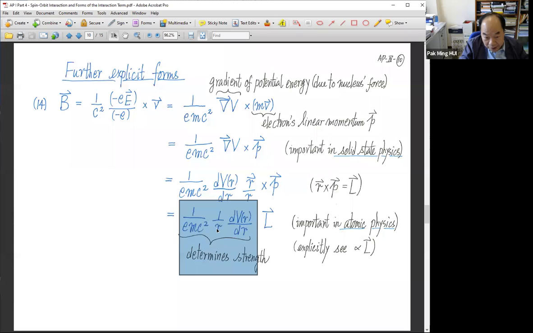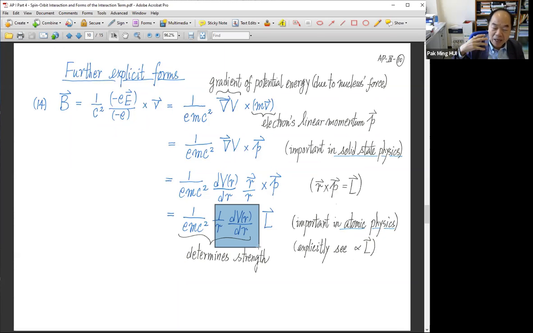So this factor, some constants, no fun, but this kind of thing will determine the strength. So you can look at different situations and you realize that this particular case will have a stronger internal field, therefore a stronger spin-orbit interaction.